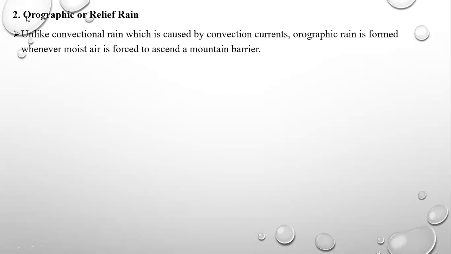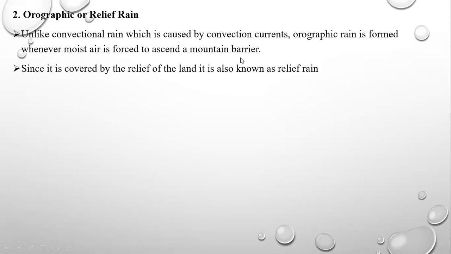Just the word O-R-O, oro, means mountain. So orographic, we are simply talking about a mountain. So this is the type of rainfall that you find in mountainous areas. Orographic rainfall is the type of rain which occurs when moist air is forced to rise up or to ascend a mountain barrier.